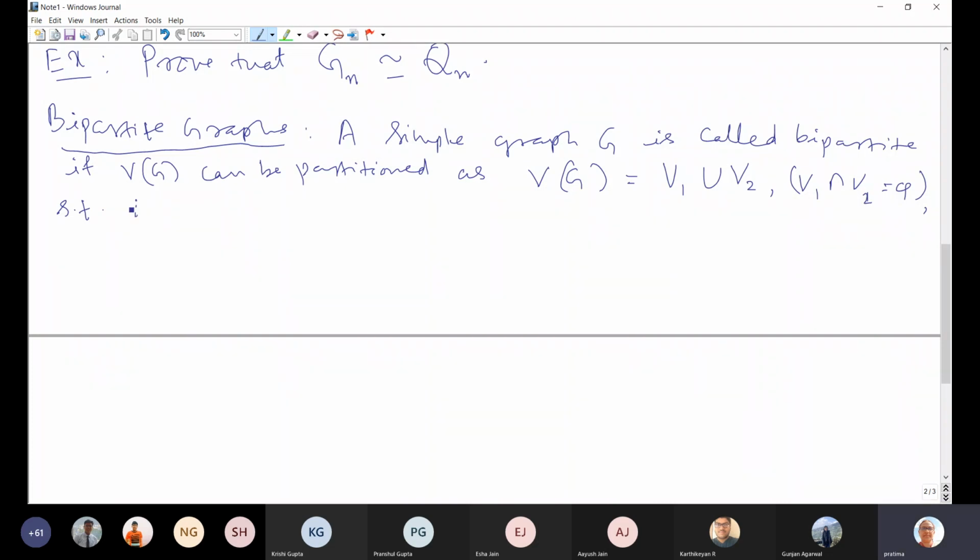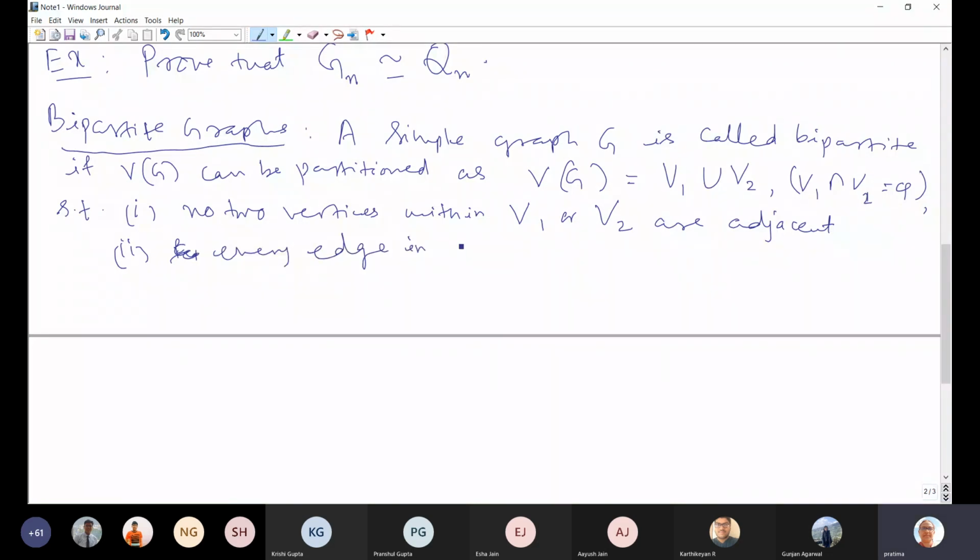The first condition is that no two vertices within V1 or V2 are adjacent, and the second condition is that every edge in G has one end vertex in V1 and the other end vertex in V2. Such kinds of graphs will be called bipartite graphs.